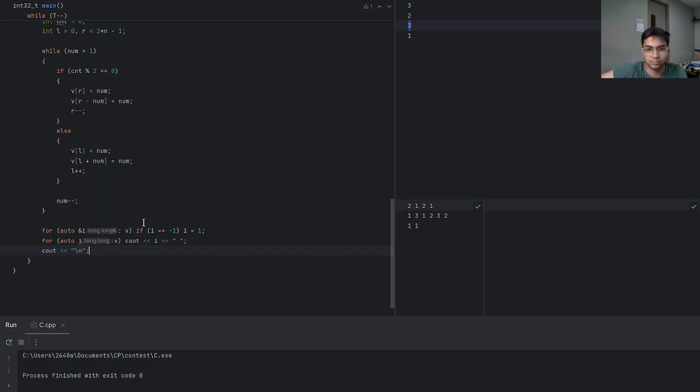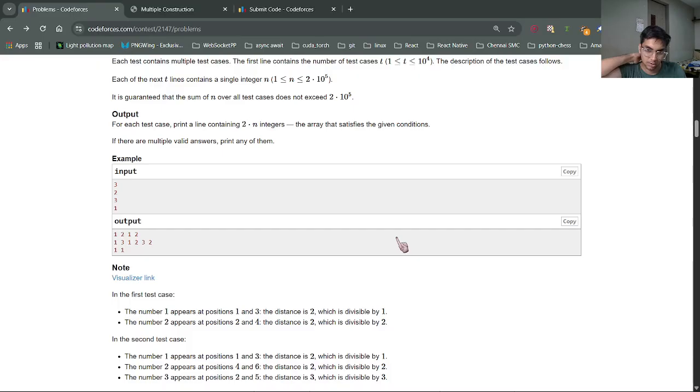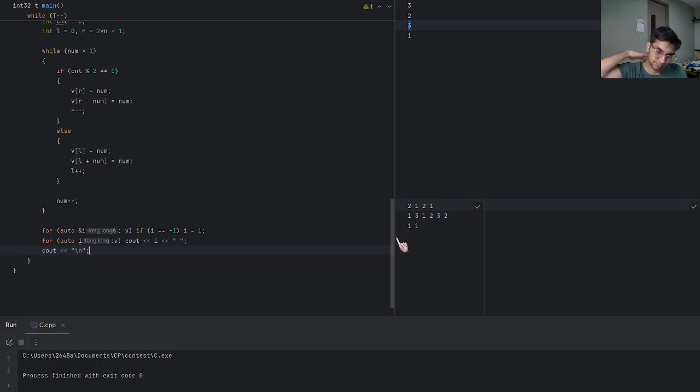It's taking the output, right? Yeah. So again, I'm not sure about whatever. Let's go to the last one. 1, 2, 3, 4, 5, 6, 7.